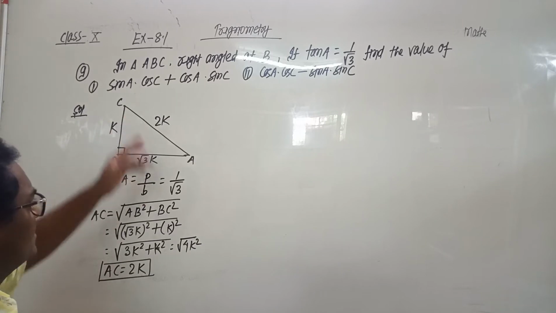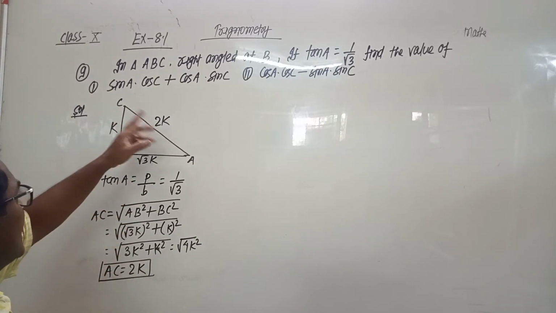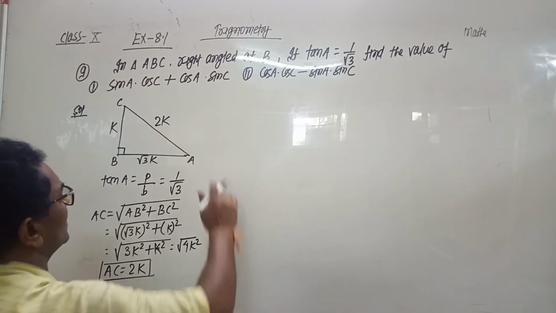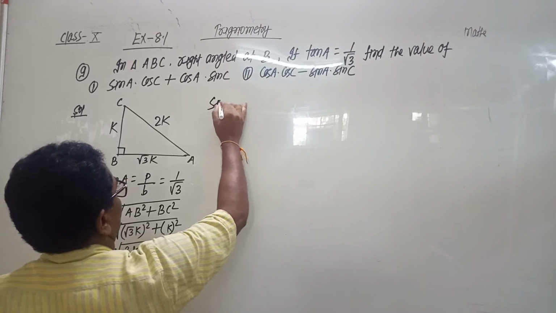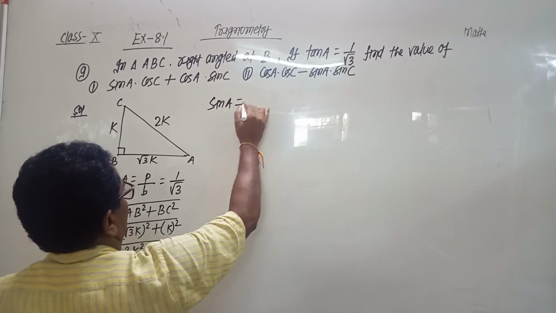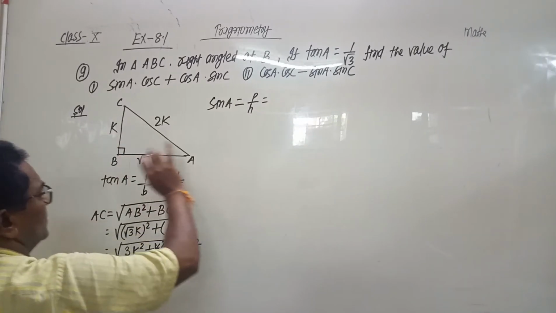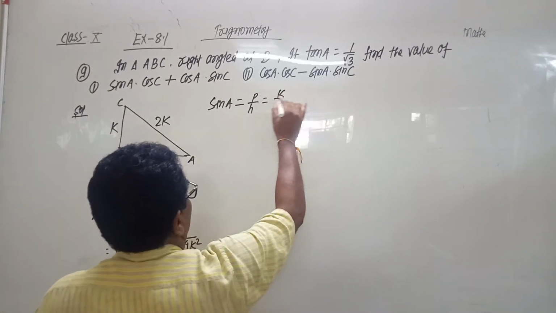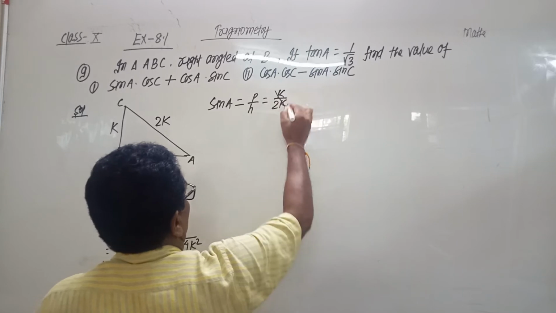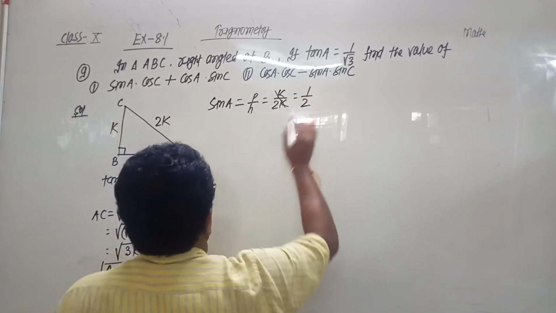Now we calculate the values of sin A and cos C. Sin A equals perpendicular upon hypotenuse. Perpendicular is k and hypotenuse is 2k, so we get 1 by 2.